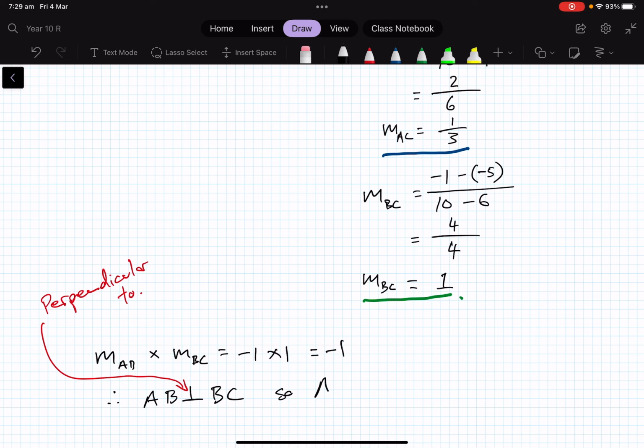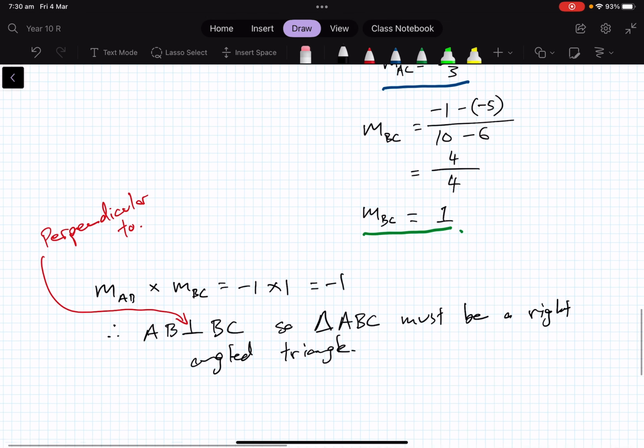So triangle ABC must be a right-angled triangle. Nice, straightforward logic that we work our way through to think, okay, we've got the gradients of each line segment. Are they perpendicular? Are they perpendicular? Are they perpendicular? No. Or, yes, they are. So we have, in this case, yes. So it must be a right-angled triangle.